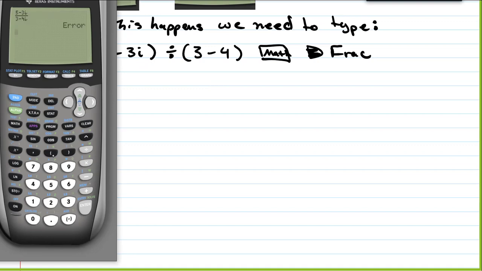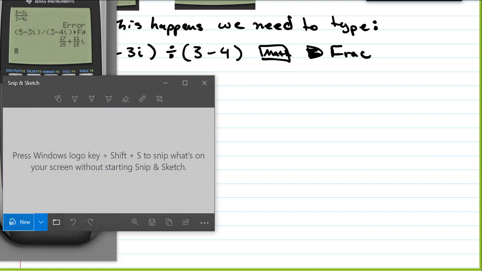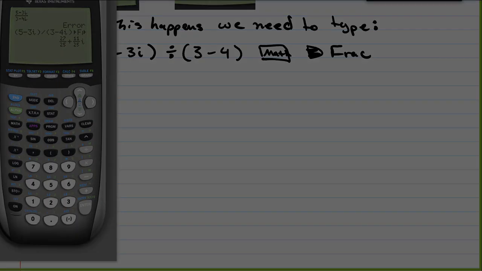So we go 5 minus 3i, close our parentheses, divide, open parentheses, 3 minus 4i. And then our math key is the third one down here on the left side, math, and we choose fraction, and we hit enter. And our calculator gives us the following value.